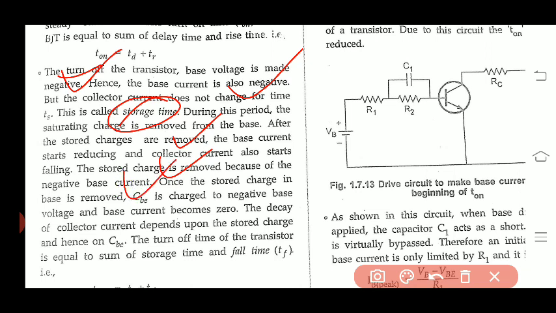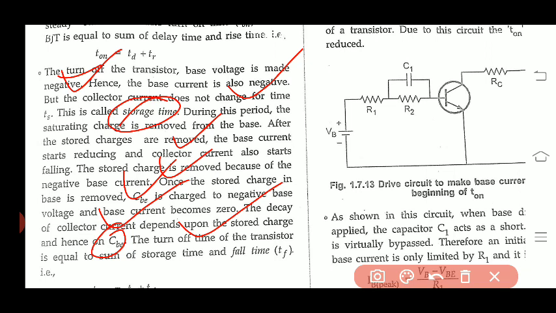Once stored charge in the base is removed, CBE is charged to negative base voltage, and base current becomes 0. This decay of collector current depends upon the storage charge of base to emitter. This defines this one. Next we will see what the fall time is.